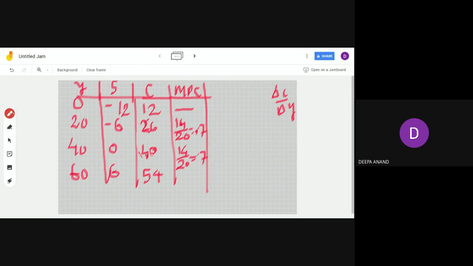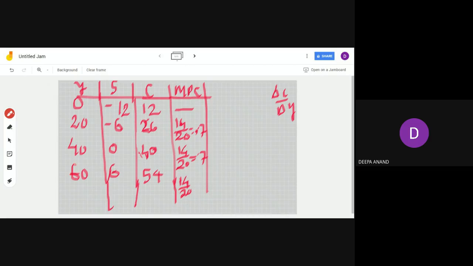And here again 40 to 54. Your consumption has changed 40 to 54. Again you get 14. So sometimes it happens like that. Marginal propensity to consume sometimes changes, so don't think that the same number will always come. So here the same number has come.